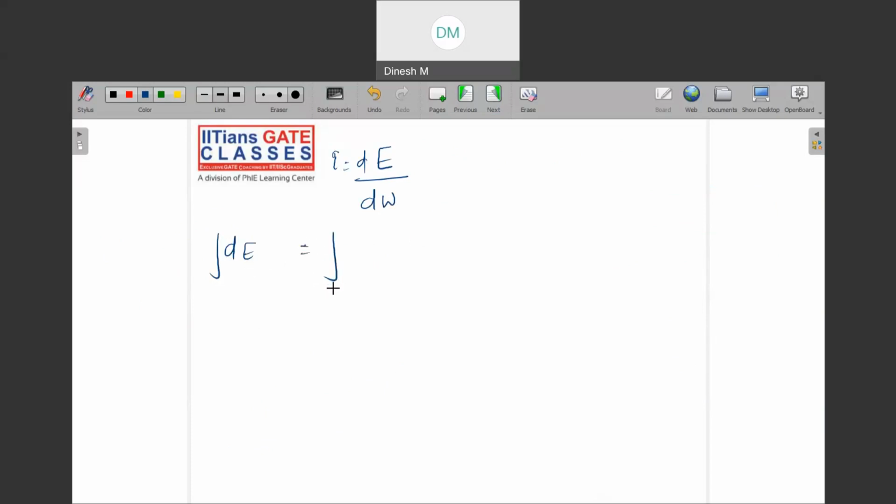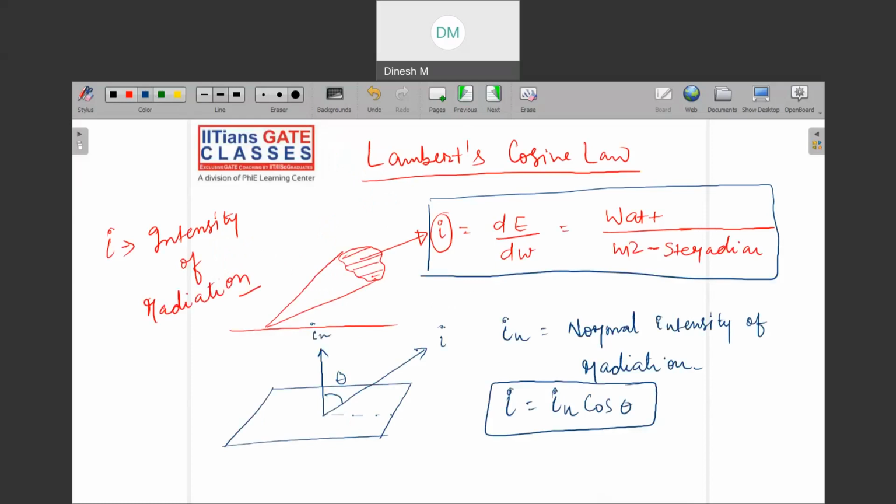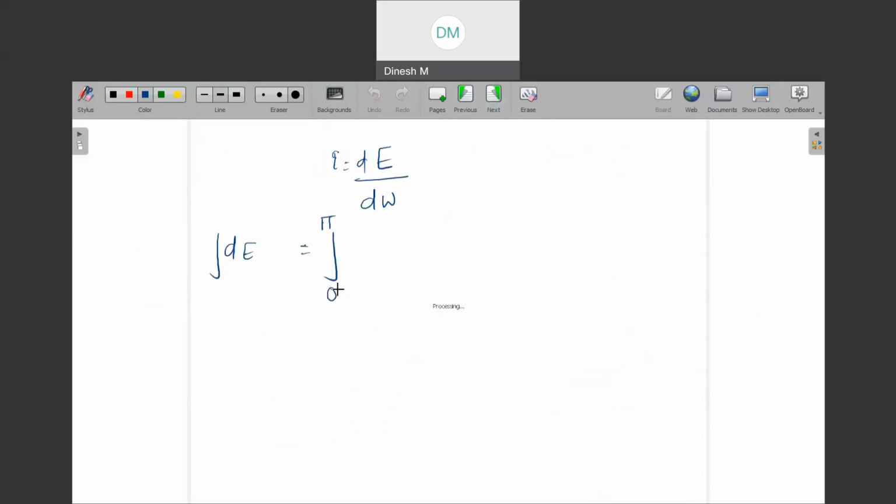If you integrate between 0 to pi, the limit of the solid angle starts from this one and reaches till this one, so the limit is 180 degrees, right? So I can integrate it between 0 to pi, I into dW. This is another relationship to help you find the intensity of radiation, and the unit is watt per meter square. I hope you got it.